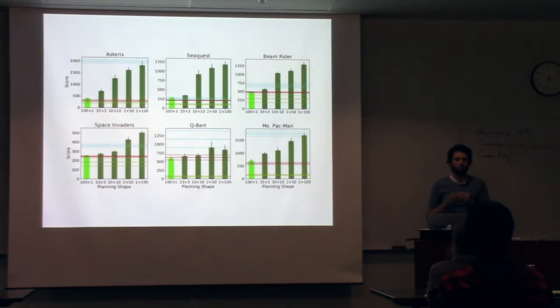So it's just a search control issue. Yeah, I see. Just where you're starting. Where you're starting and what the shape looks like. But it's still doing only one update every 4 simulated model-based time steps.